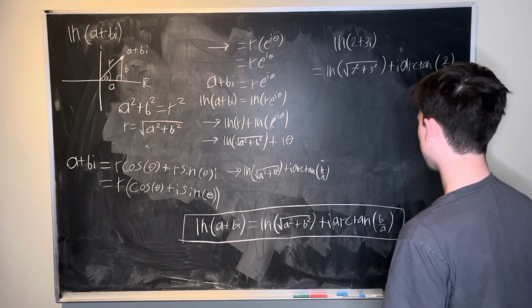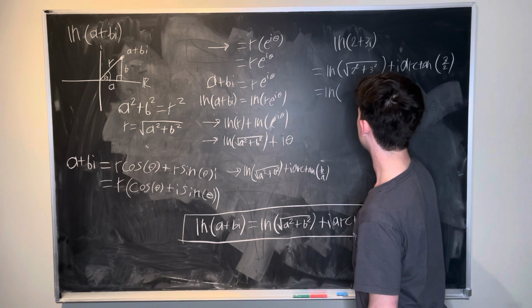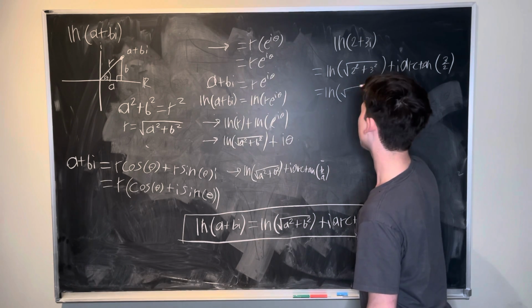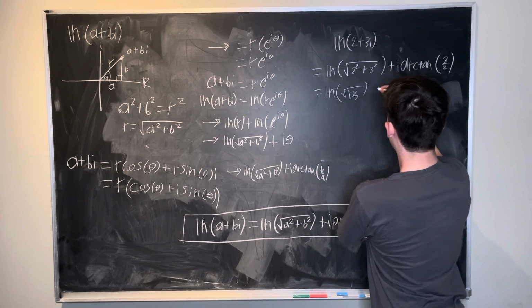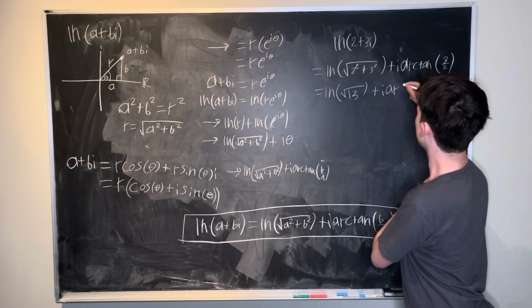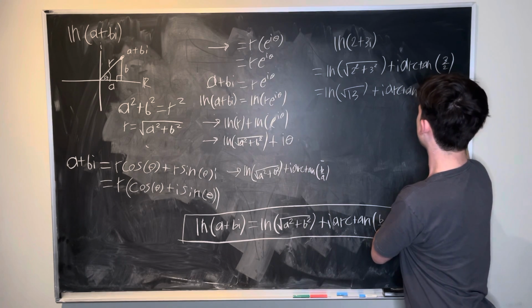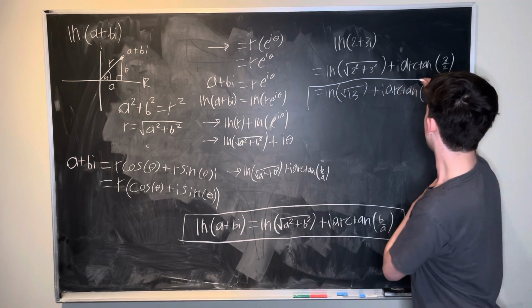Okay, so we simplify this. That's the natural logarithm of the square root of 13, because that's 4 plus 9, plus i times the arctangent of 3/2, and that is our answer.